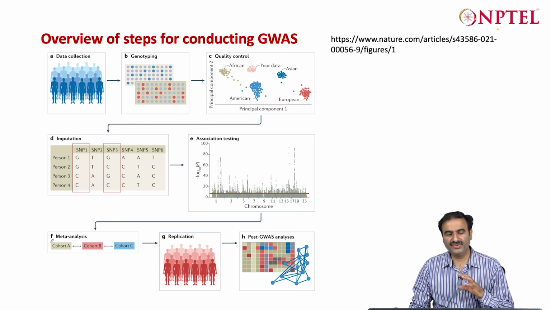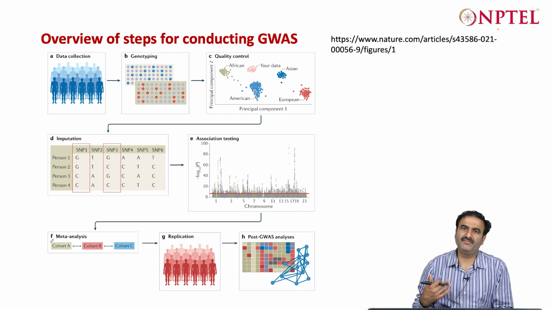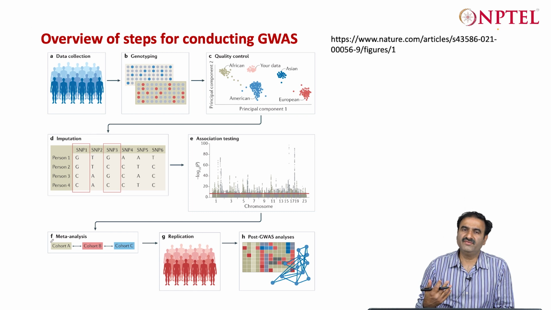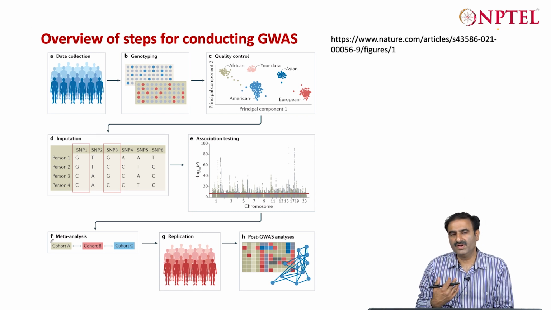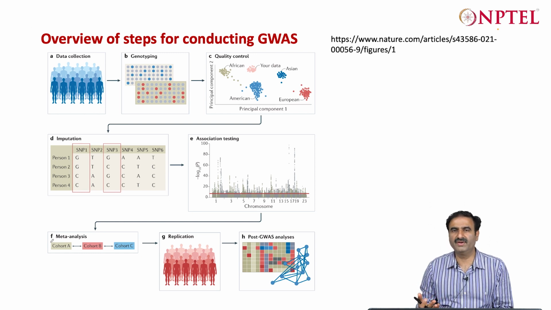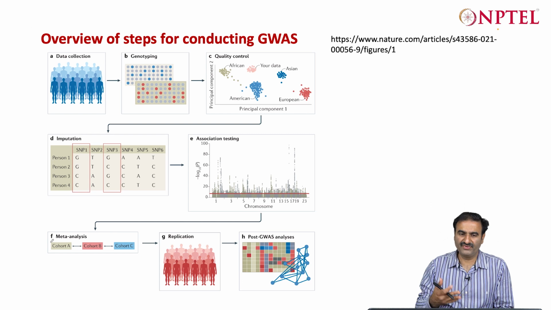And through these studies, people have been associating diseases with various locations in the genome, and this can help in pre-diagnosis, telling that okay, you are predisposed to a disease, and there are a lot of SNP arrays and sequencing based approaches available that use these data.